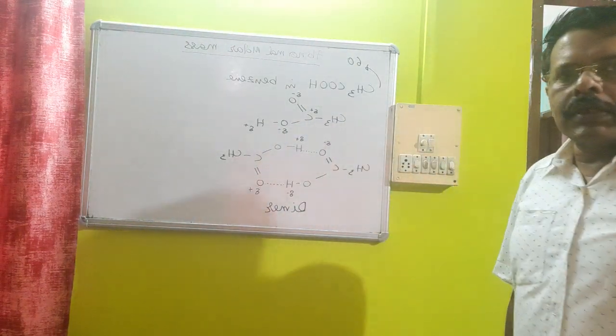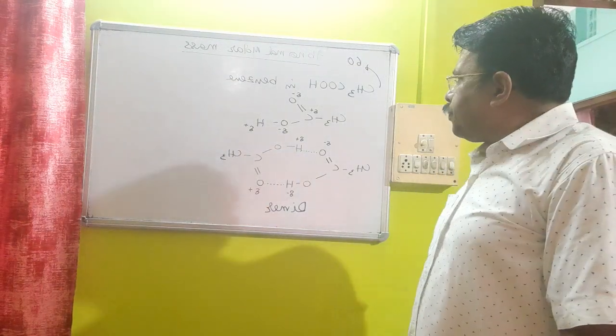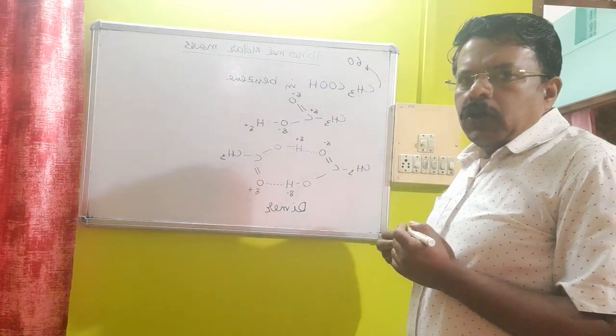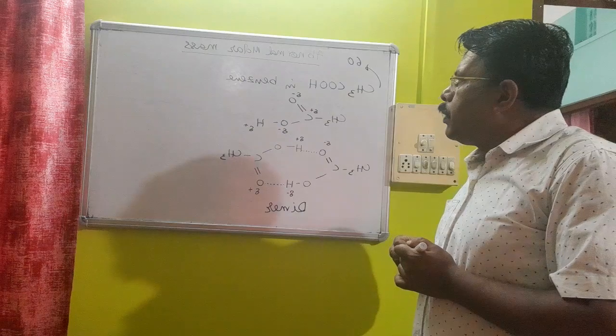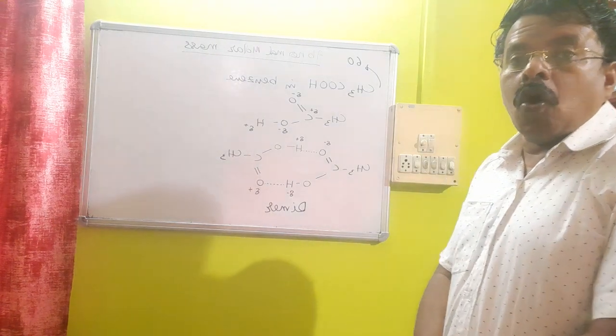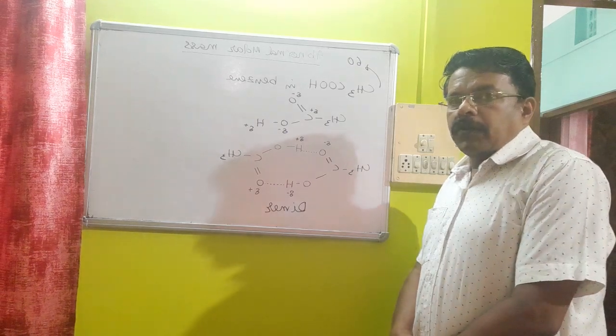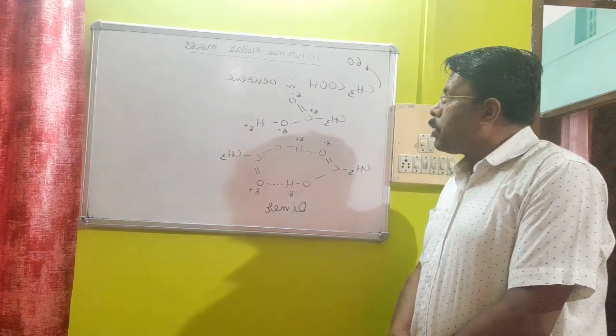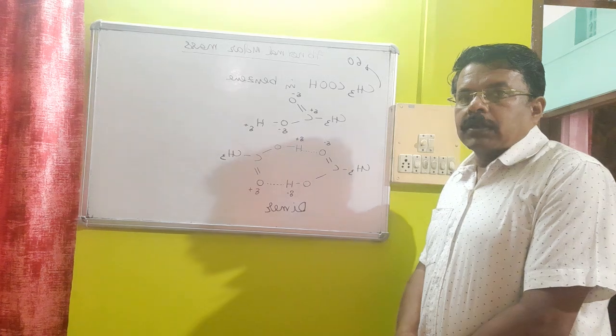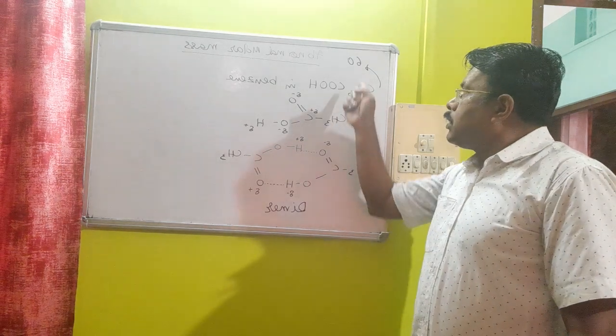So any colligative property you use, for example relative lowering in vapor pressure, elevation in boiling point, depression in freezing point, or osmotic pressure measurement, should give us a value of 60 for acetic acid.